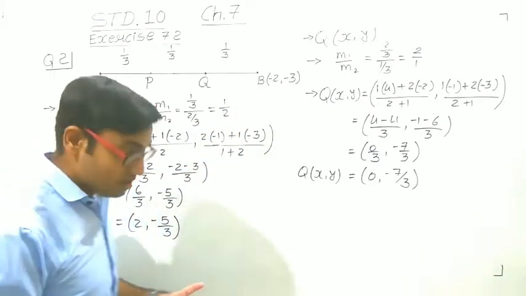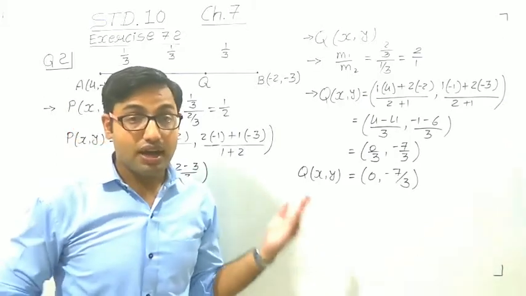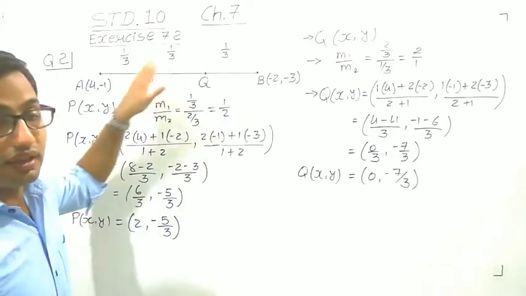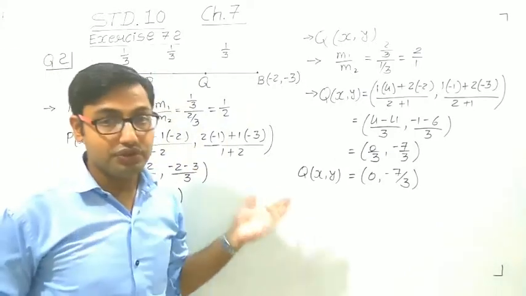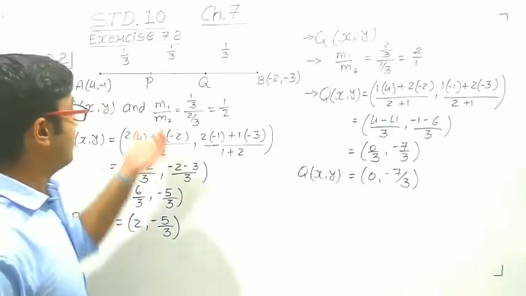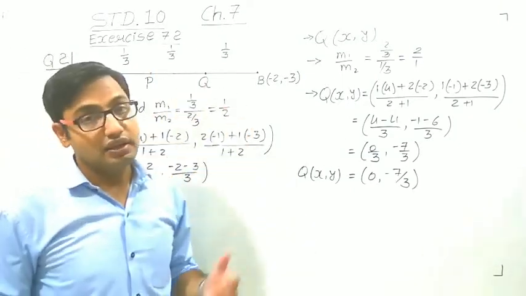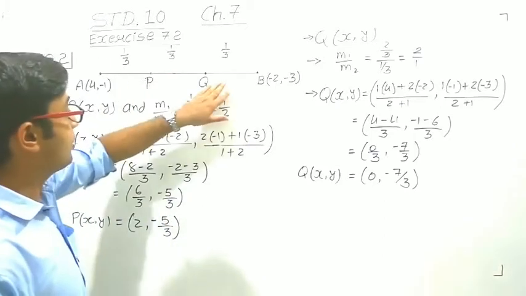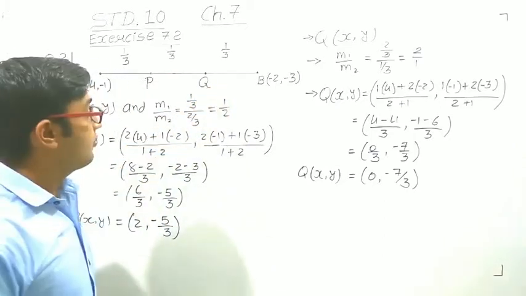So see, here in this question we do not have given the ratio, but how we can derive the ratio, that we have to understand. So whenever we solve this type of question, we first of all have to draw the diagram, and we have to understand what we can take as a ratio. Here also a second method we can use to find out the coordinate of the point Q, and that way is what?